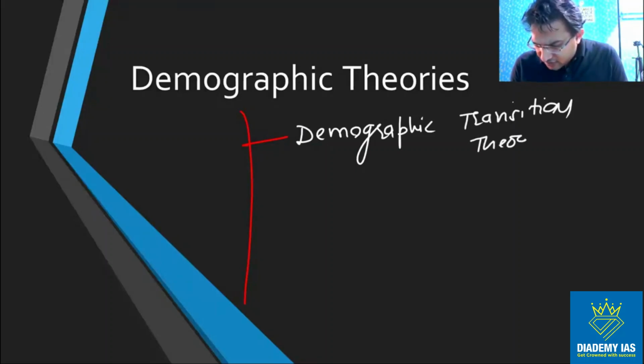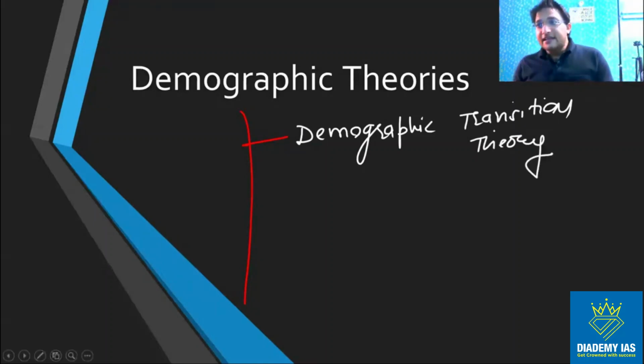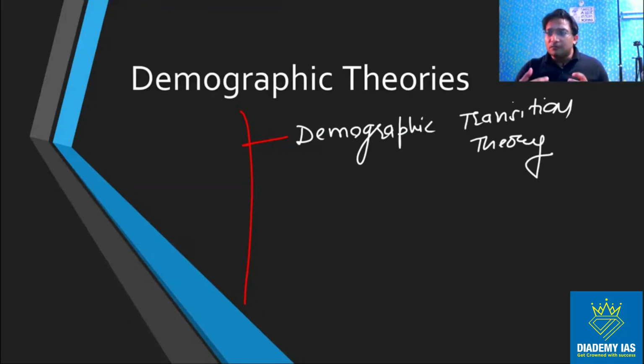This theory says that as a country moves from the pre-industrial era to the industrialized era, the pattern of birth and death rate keeps changing.